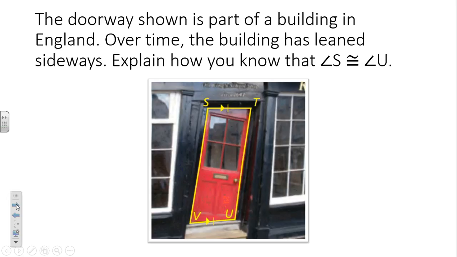So this is a door over in Europe, okay? And over time, the building has leaned sideways, right? So they fixed the door to make it open and close properly, and that's what this door has ended up looking like. A sideways door. Kind of something like out of Harry Potter, right? All right, so out of the wizarding world.